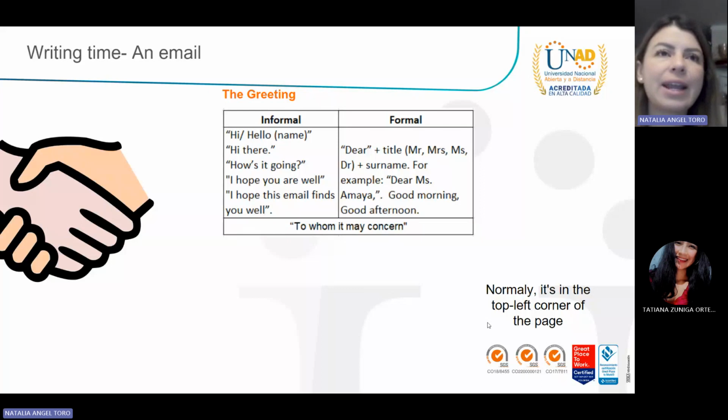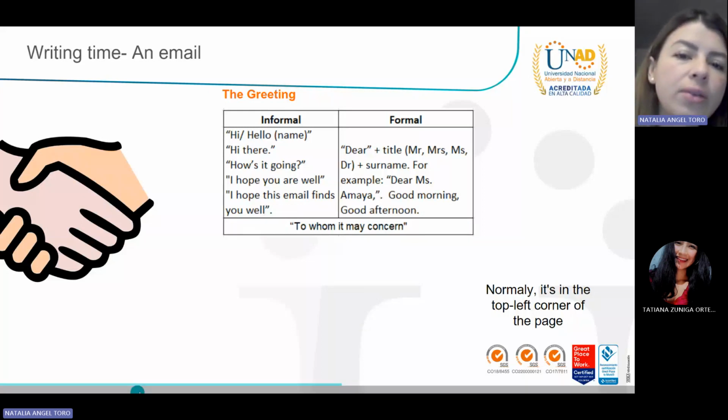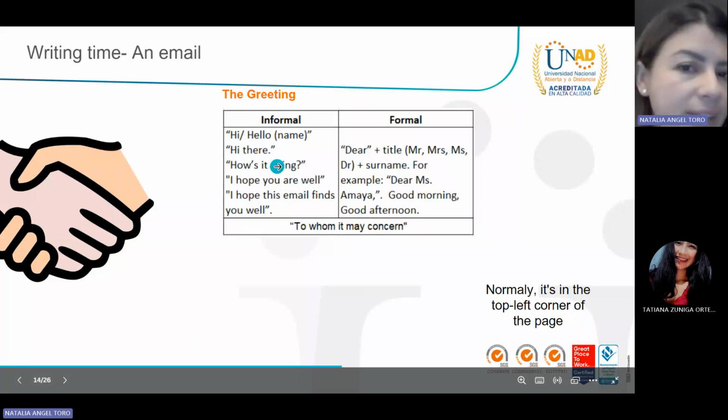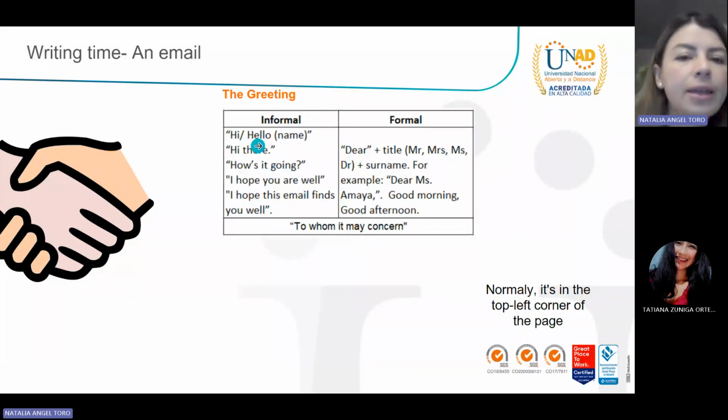Como esas reglas de cortesía que tenemos que usar, y va a depender si estamos hablando con alguien cercano, close people, cierto? Y podemos hablar de una manera informal, or in a formal situation. So if we are talking with our friends, we can say hi, hello, to start our mail.